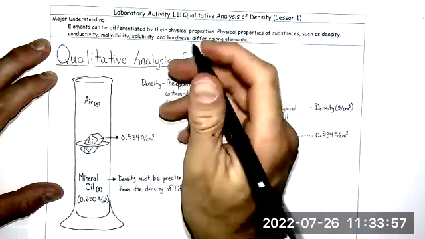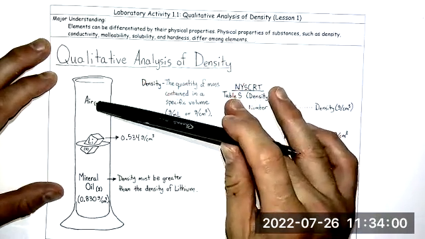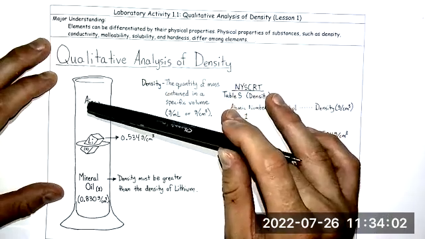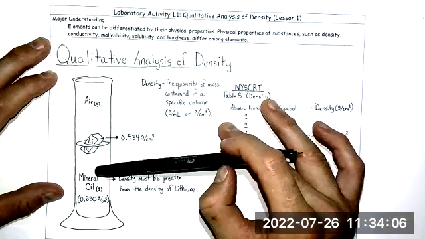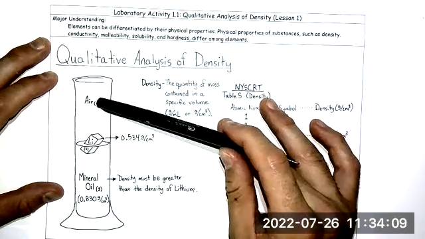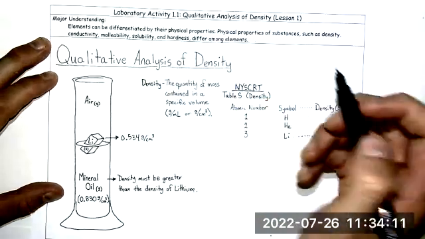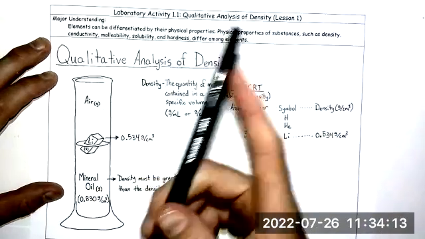Now the same thing will work for air. Since air is positioned above lithium and mineral oil on the column, then we know that the density of air must be less than both. But specifically it must be less than lithium.